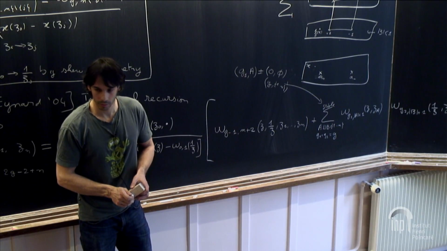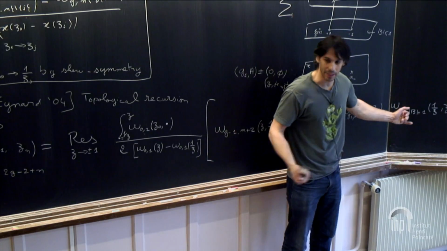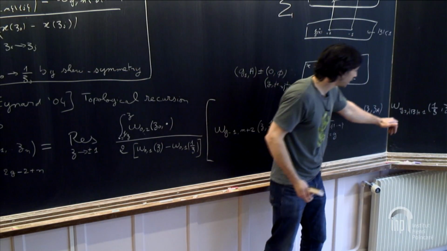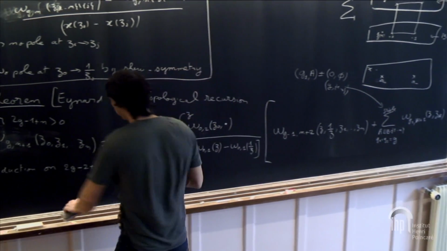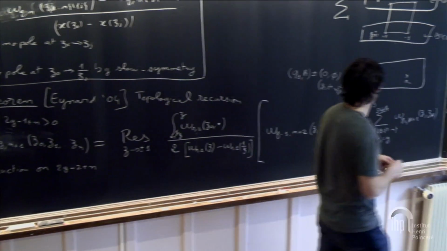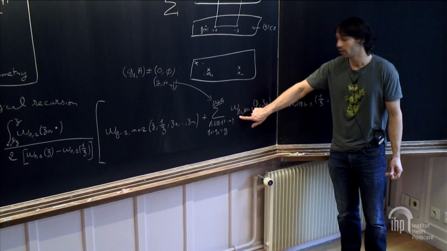The second one tells you that, so I could write it in terms of B: I cannot have G2 equals 0 and B empty.